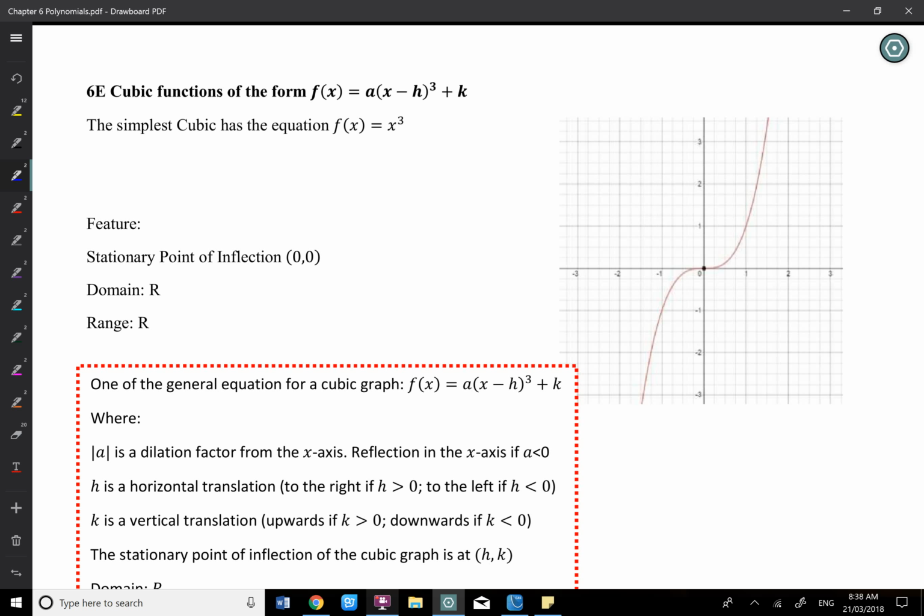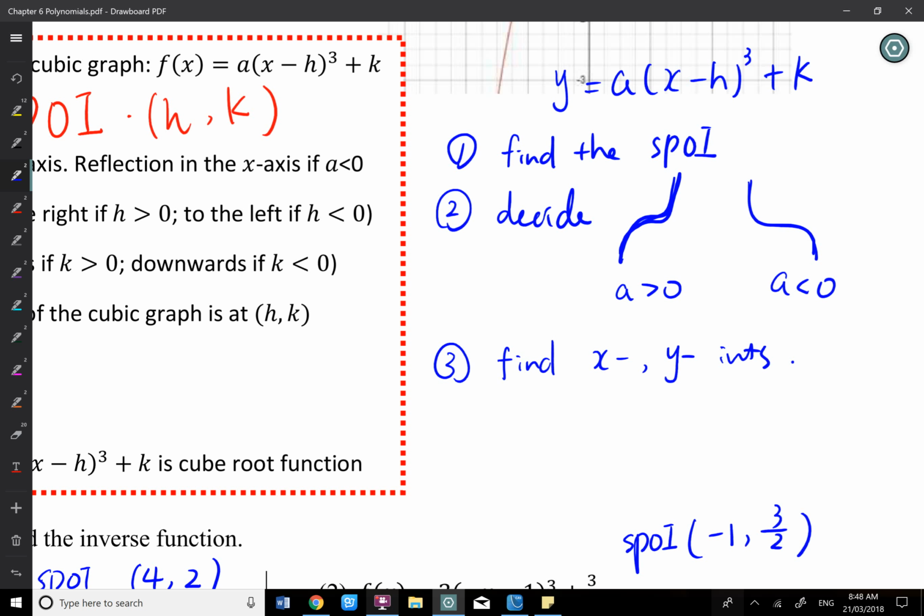So that's a decreasing function, and the third step is to find the x and y intercepts. There will definitely be x and y intercepts, because the domain and range are both R. x can always be 0, y can always be 0, so we can always find the x and y intercepts. This is when we have a cubic graph in the form a(x minus h) cubed plus k.